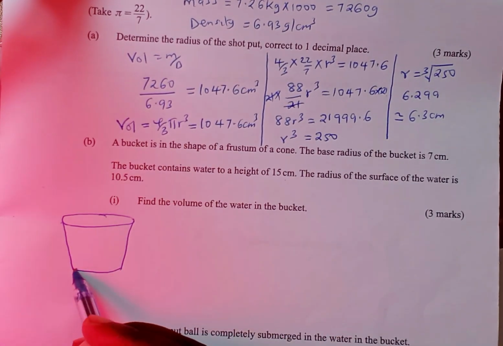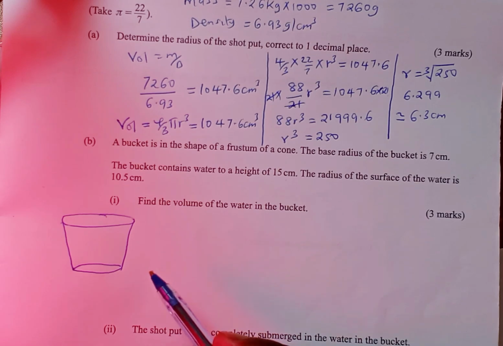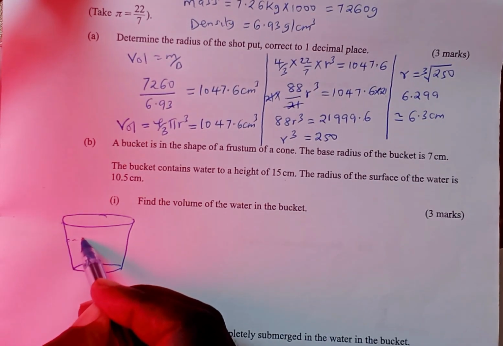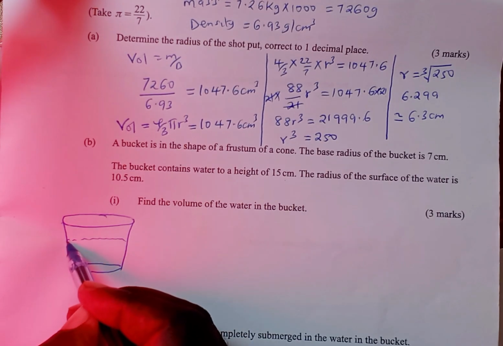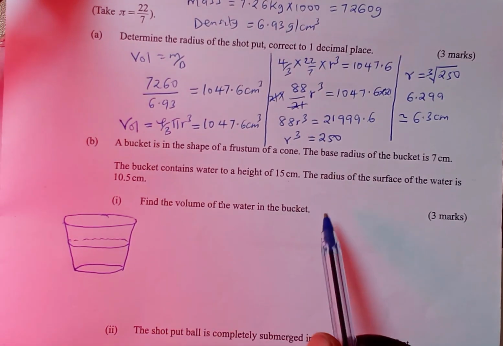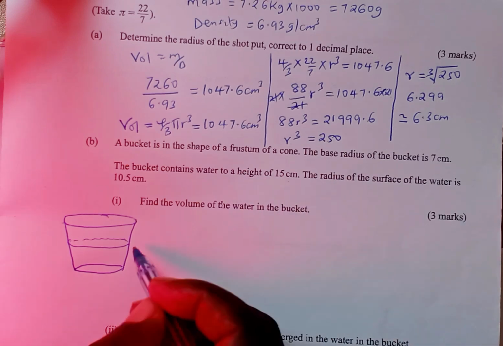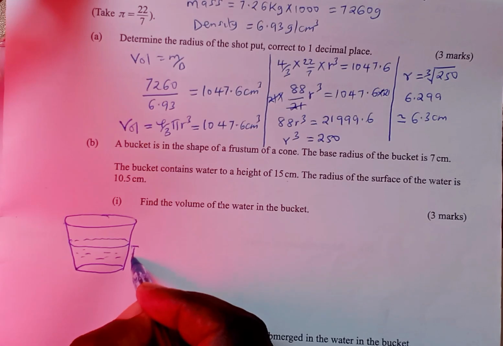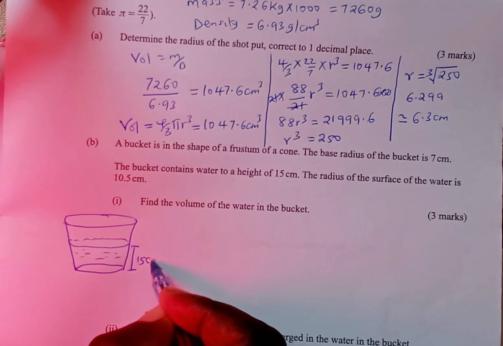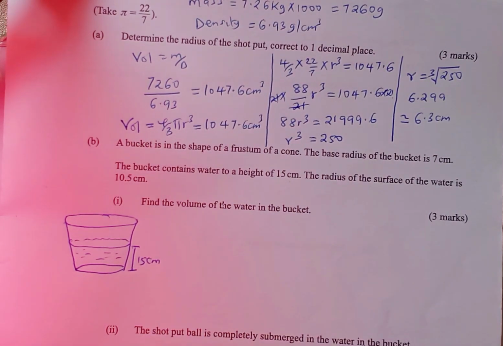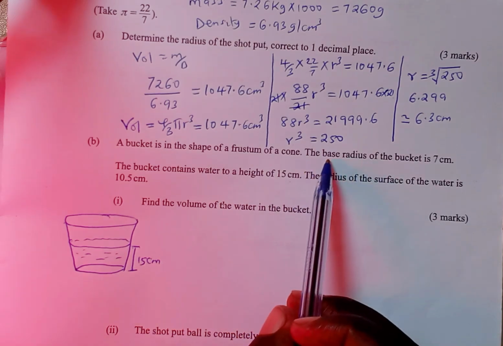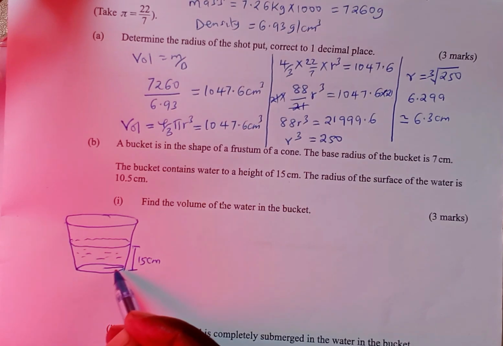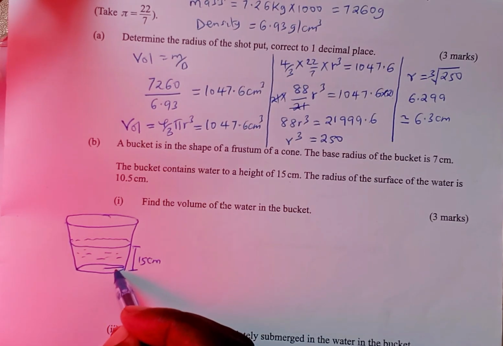This is our bucket here, and we have been told the bucket contains water up to a height of 15 centimeters. This is the water here, and the height of the water is 15 centimeters. Then of course we have been told the base radius of the bucket is 7. We have a radius of 7 here. This is 7 centimeters.